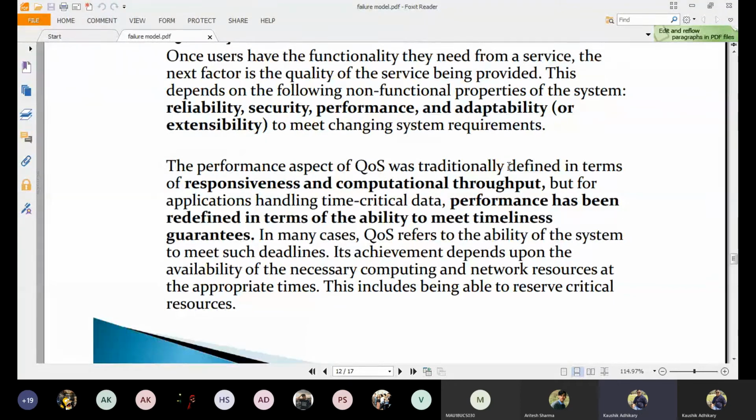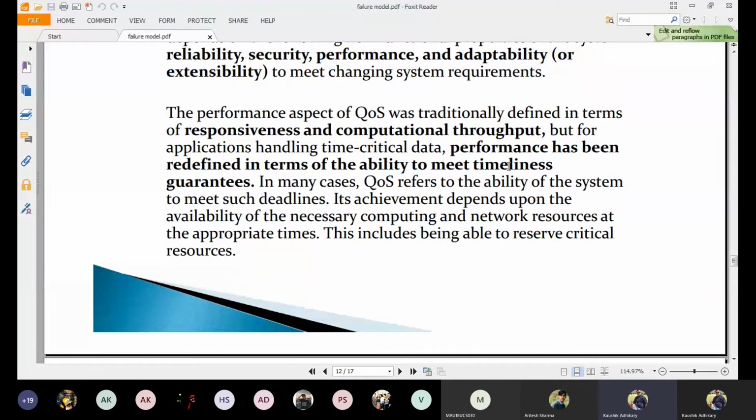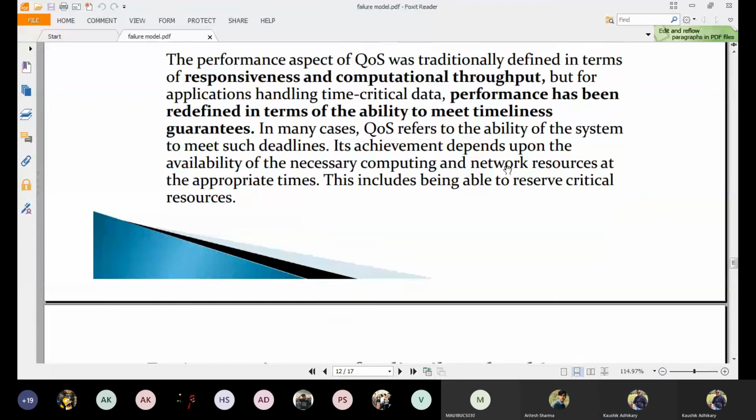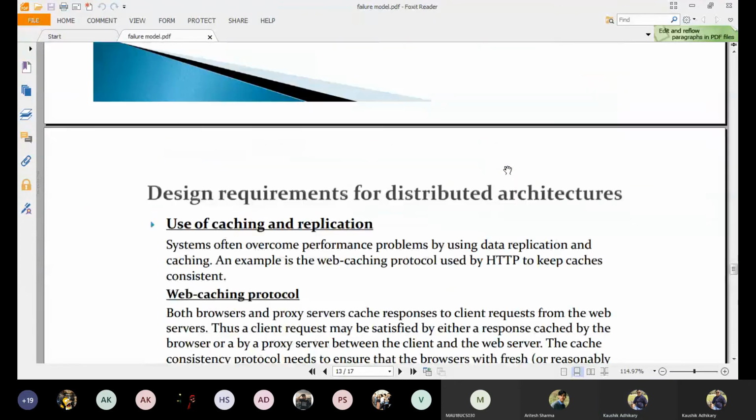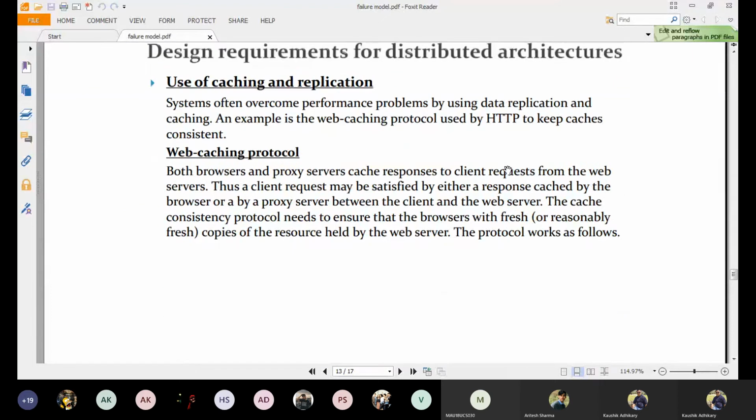This includes being able to reserve critical resources. So we can also have the use of caching and replication.